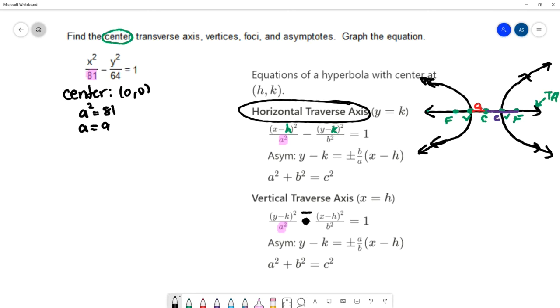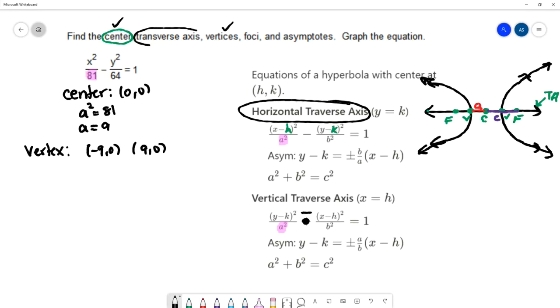So I know that if I move to the left and to the right of my center, I'm going to get to my vertices. So I'm going to have vertices at negative 9, 0 and 9, 0 because I found that value of A.